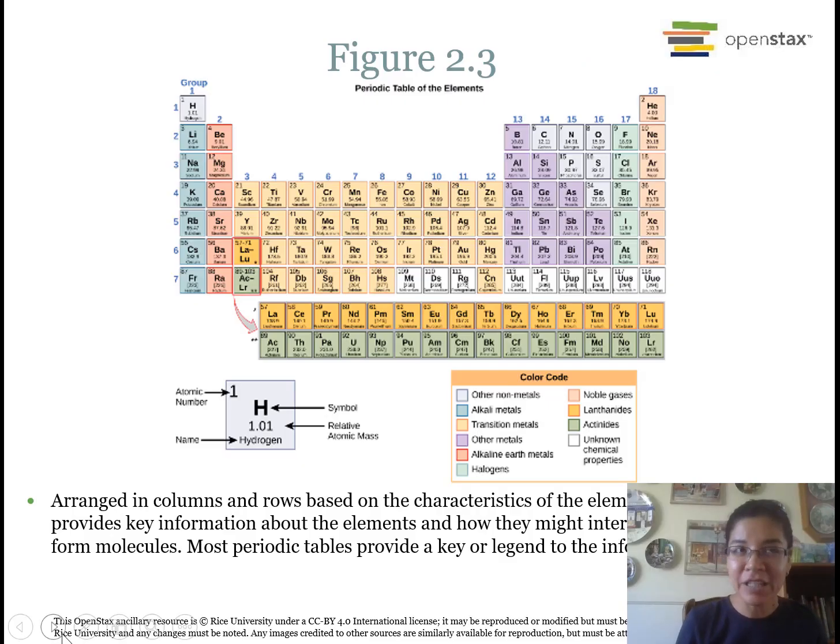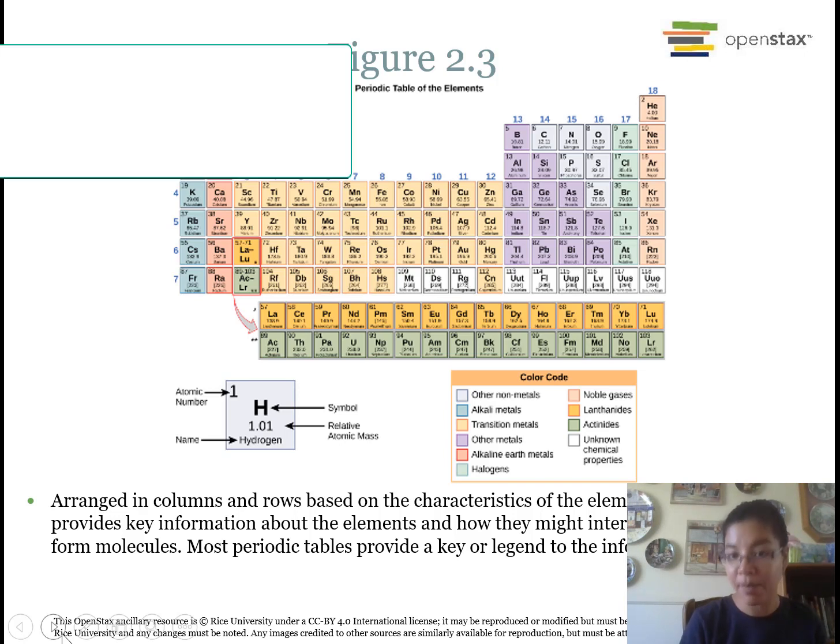There are 92 naturally occurring elements. These elements are listed in what's known as the periodic table of elements. They are arranged according to similar characteristics and properties.